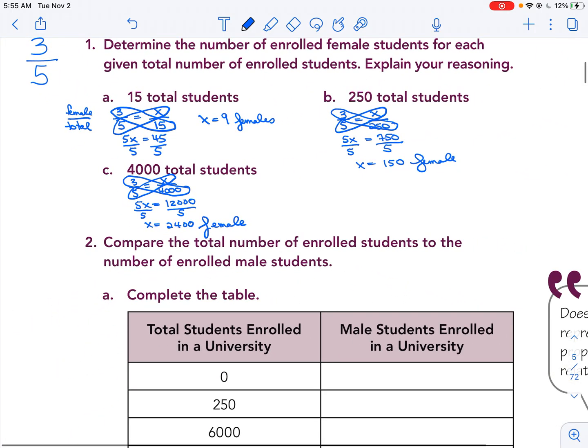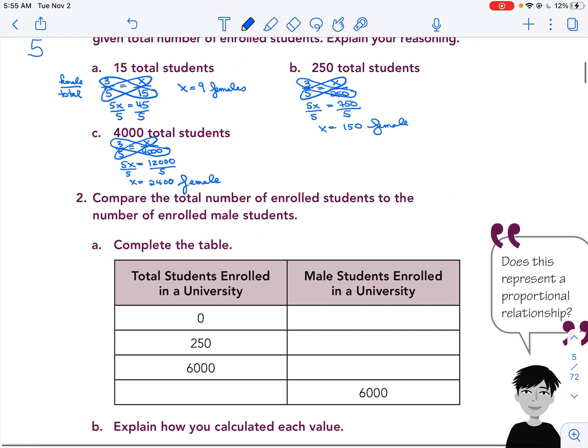So, well, right here, we're going to do this, and okay, this is total number of students. This is male students. Well, if there's 0 students enrolled, there's got to be 0 male students.